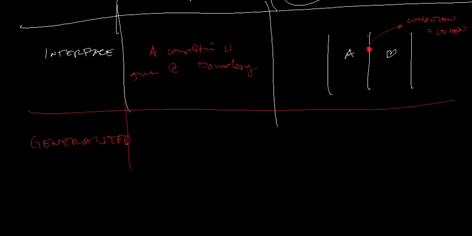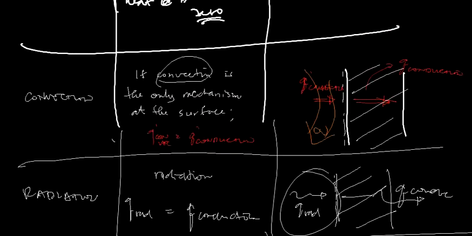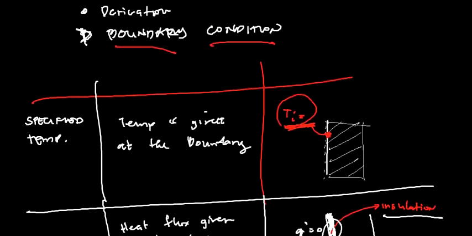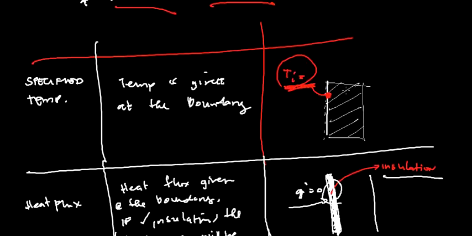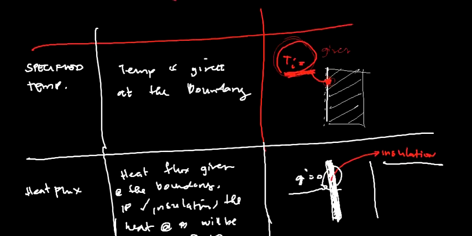Once again, when we say boundary condition, it refers to the condition at the boundary. Say this is our system, this is your boundary, and you have a given temperature at this boundary, then you have your boundary condition.